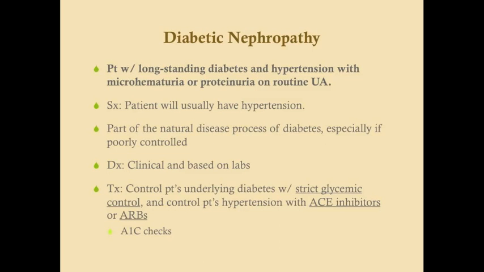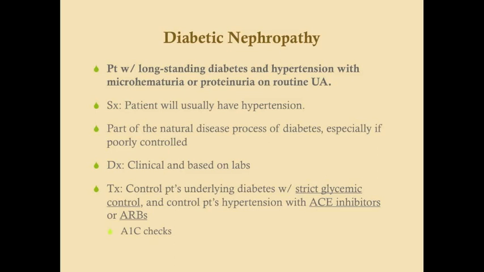Diabetic nephropathy. These patients are going to be those with long-standing diabetes, uncontrolled diabetes, and hypertension. And on labs, they have microhematuria or proteinuria on a routine urinalysis. So patients with diabetes are advised to have routine urinalysis and other various labs.